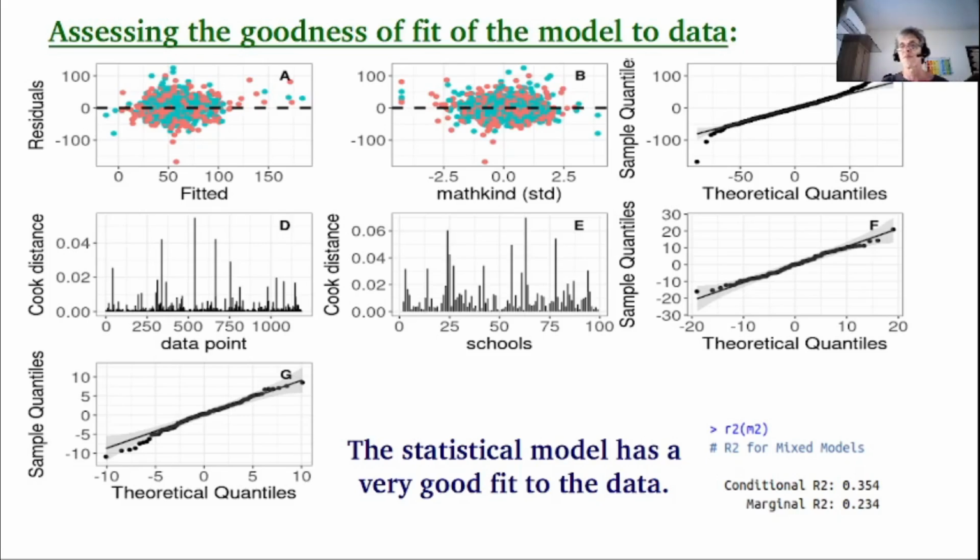The difference between the two corresponds to the percentage of variation explained by the random effects. And we see that by and large it is the fixed effects that are more important in explaining the relationship between the explanatory variables and the response variable.